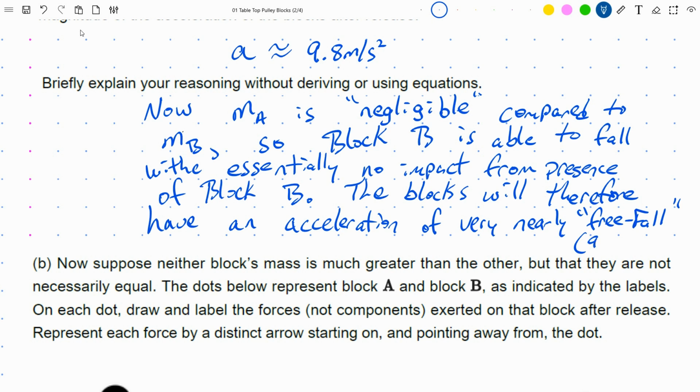And maybe just to wrap that up, 9.8 meters per second squared. Okay, I'm probably being wordier than you need to be, but again, I'm trying to be very, very clear here. Nonetheless, that should get the physics across. Block B is able to fall practically without hindrance from block A.